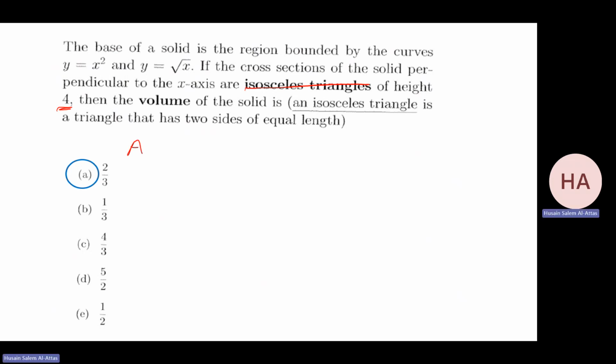It will be half the base. A triangle has 2 sides of equal length. So the height is 4. I have half times 4 times the base. So that gives me 2 times the base.